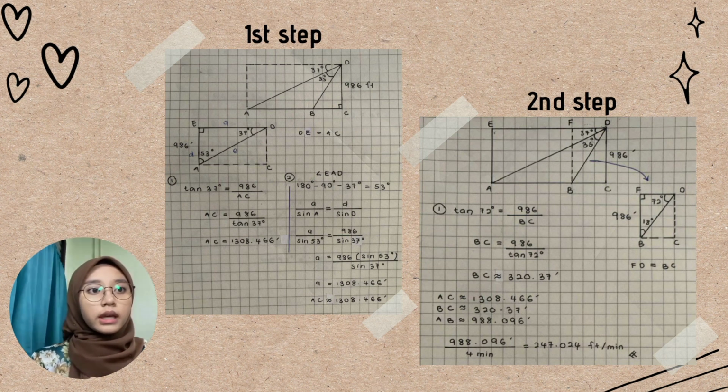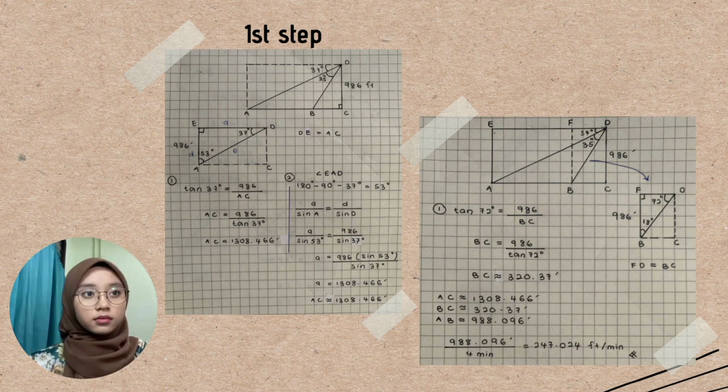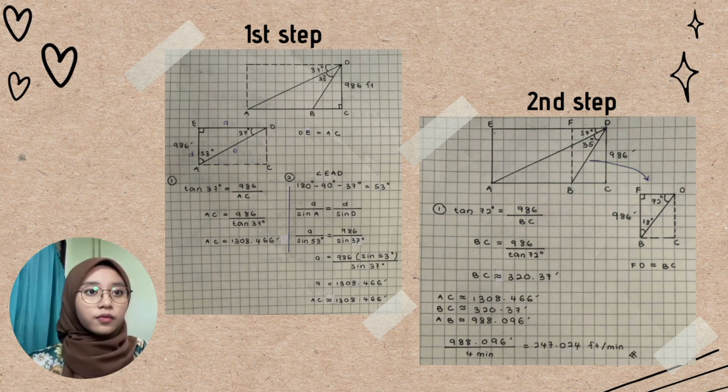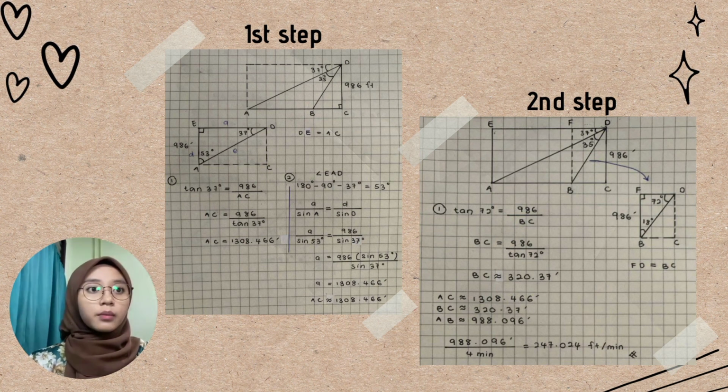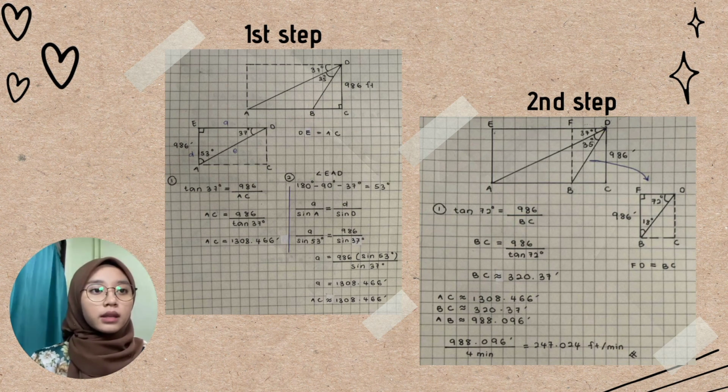And then, we will get the answer for AC is approximately equal to 1,308.466 feet. And then, we need to find the length of BC. So I draw another diagram and put a new line between F and B. Then we can get a new triangle to find BC.